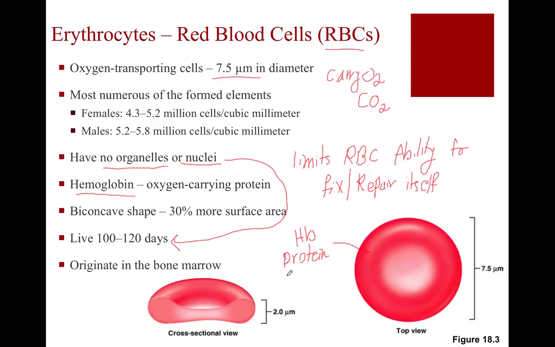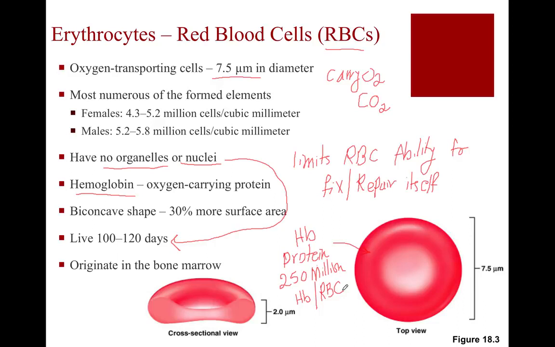You'll learn about this in the next presentation, but let me just familiarize you with it. There are 250 million hemoglobin per red blood cell. So, significant numbers.